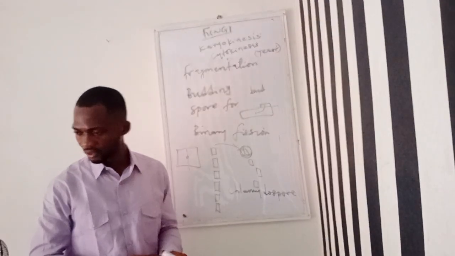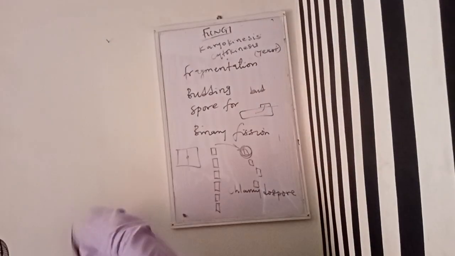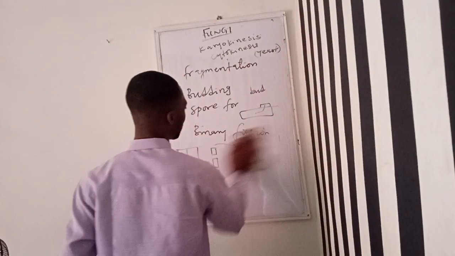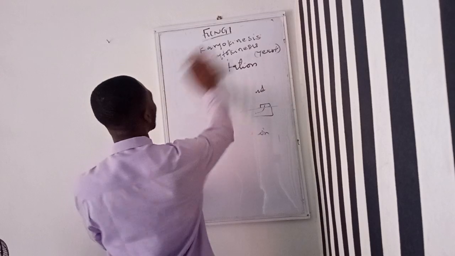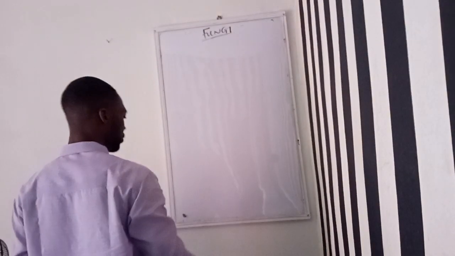Then let's take some time to talk about spore formation. As a matter of fact, spore formation is a major form of asexual reproduction in fungi. Please note that the major form of asexual reproduction in fungi is through spore formation.